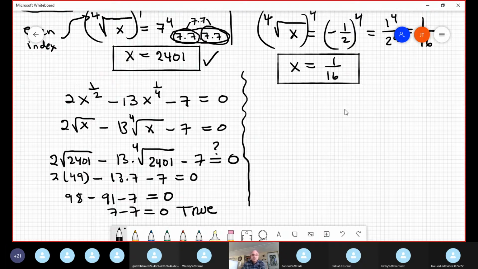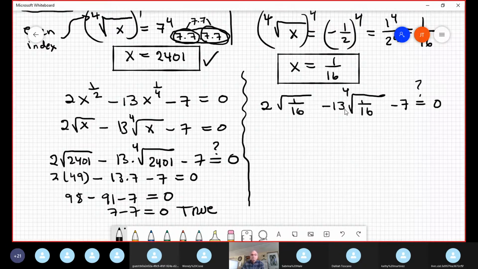I need to verify the second. The second is 2 square root of 1 over 16 minus 13 fourth root of 1 over 16 minus 7 should be 0. I claim this statement again. Well, it's easy because of the square root. When you have a fraction, you know a property of fractions: the square root of A over B is the square root of A over the square root of B. It's a property that always happens in this situation.